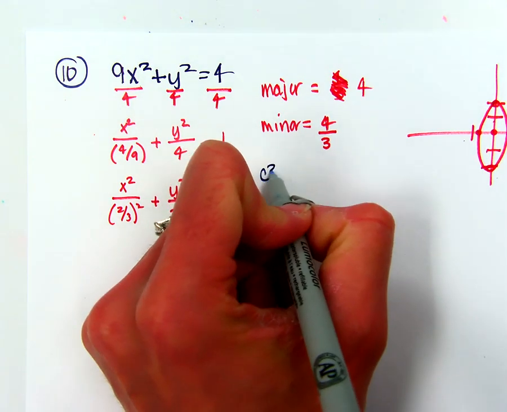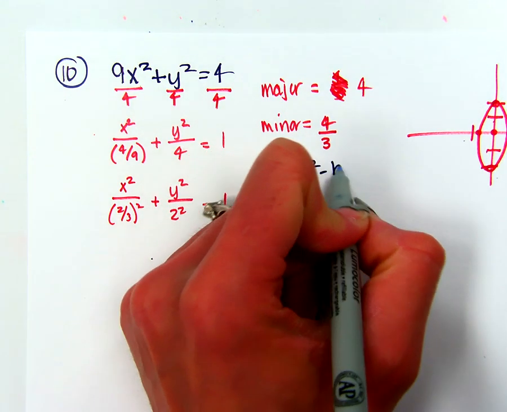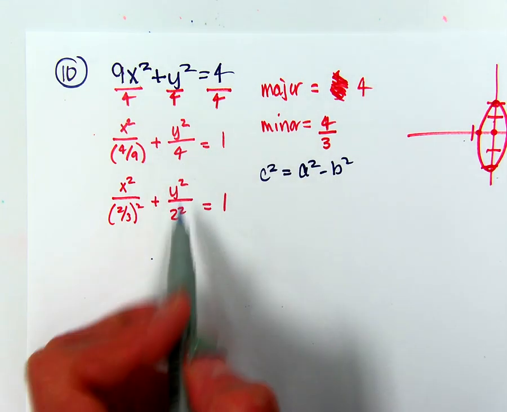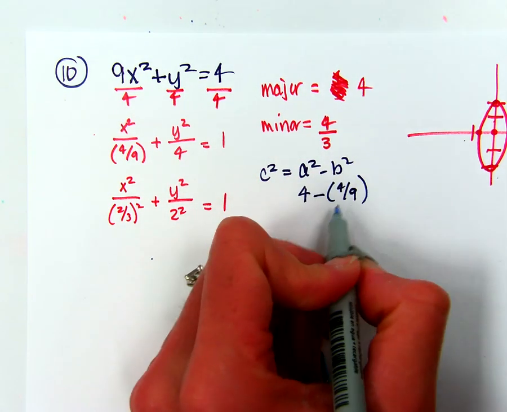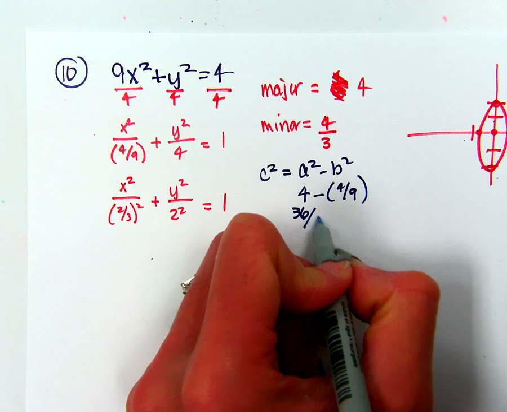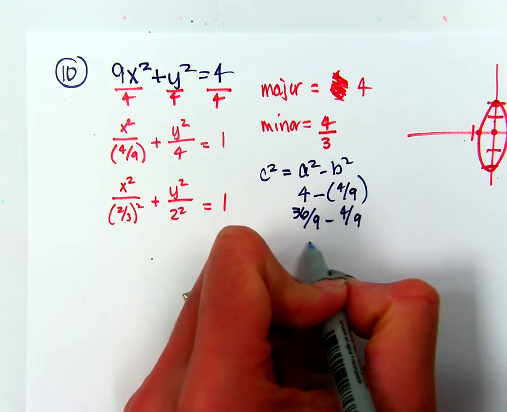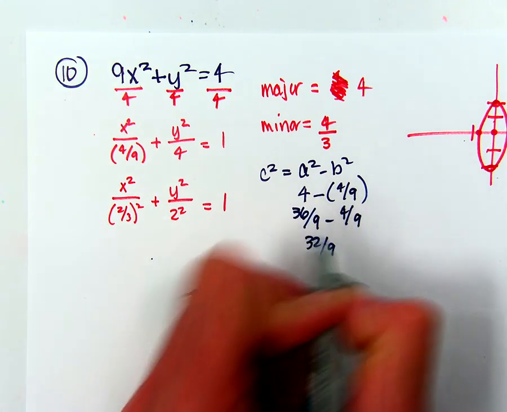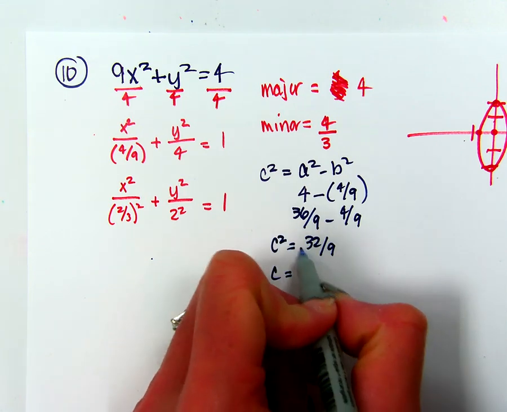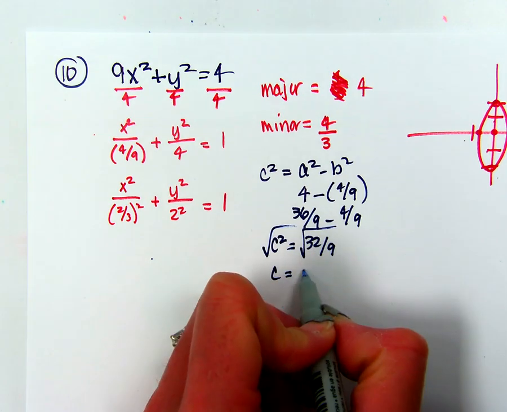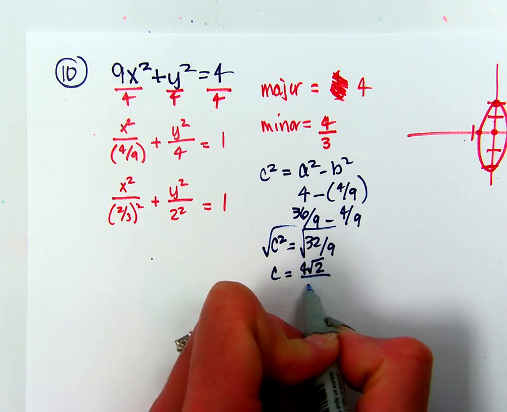So if I do c squared equals a squared minus b squared, a squared is this one, 4 minus 4/9, which is 36 over 9 minus 4/9, which is 32 over 9. And if I want c, I have to take the square root. So this will be 4 root 2 over 3.